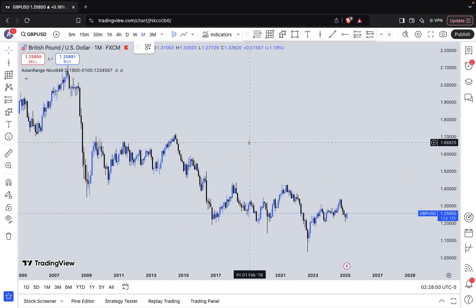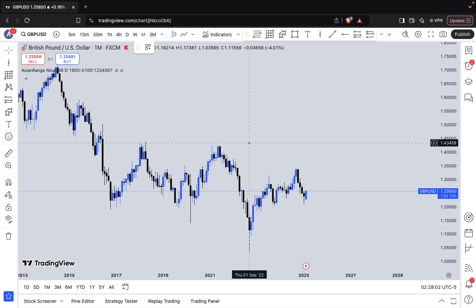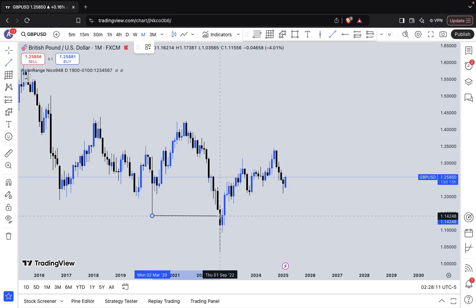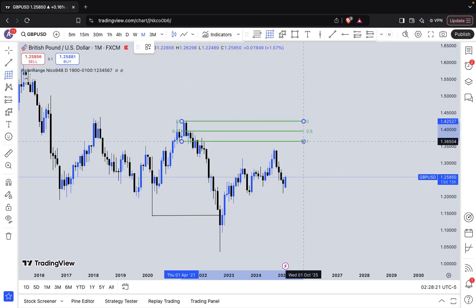If you take a look at the trend, you can see that we are bearish, right? So after price took this low, this is the monthly time frame. If you take your Fibonacci from this old high, now you are expecting the market to do what?